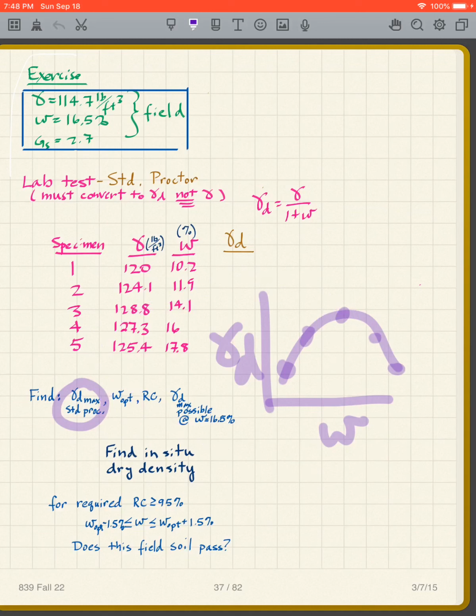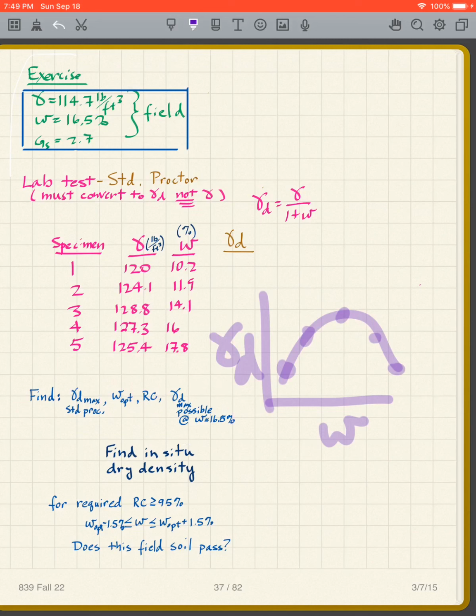and then you're going to get the relative compaction, because we're going to use this value and this value here to get the relative compaction. And then I want you to get the gamma D maximum possible at a water content of 16.5%.